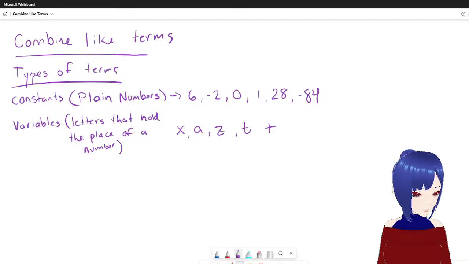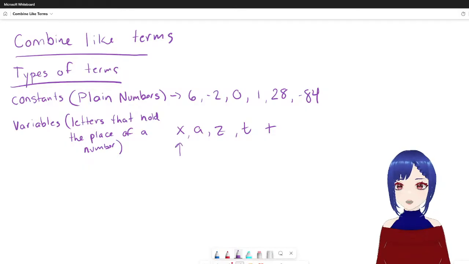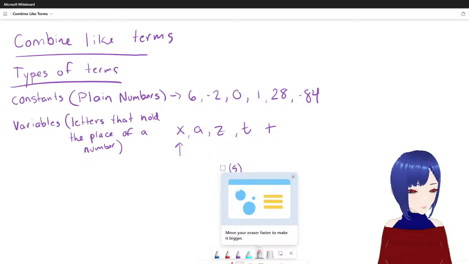That's also why, in higher level math, they stray away from using the X as the multiplication symbol. They either use the asterisk, or the circle, or you'll just see the two numbers in parentheses, which also represents multiplication, because then you'll have to worry about getting the X mixed up with the multiplication symbol.